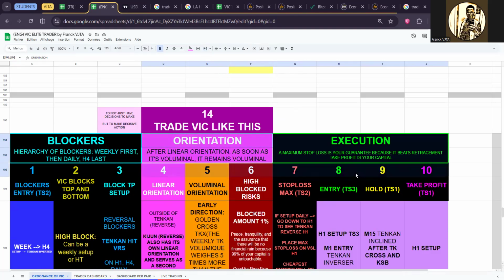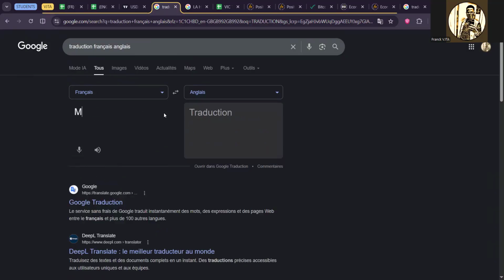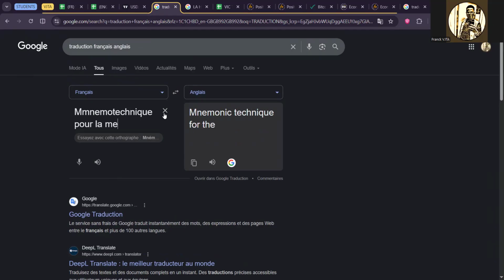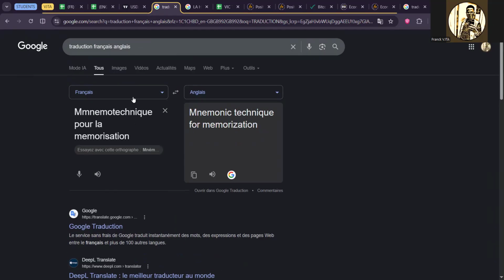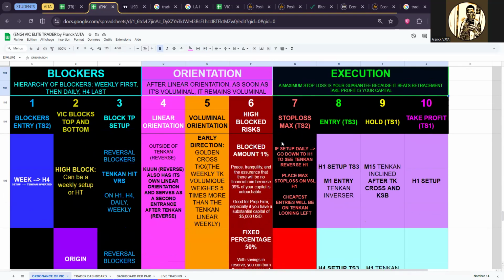Because orientation and execution are just, we call it in French, a technique pour la mémorisation. Those are just mnemonic techniques for memorization. Like the orientation and execution, it's something that you have in mind directly that you memorize.